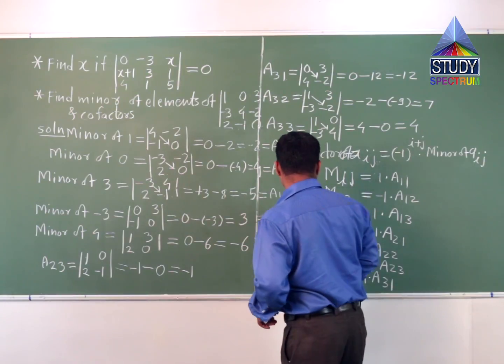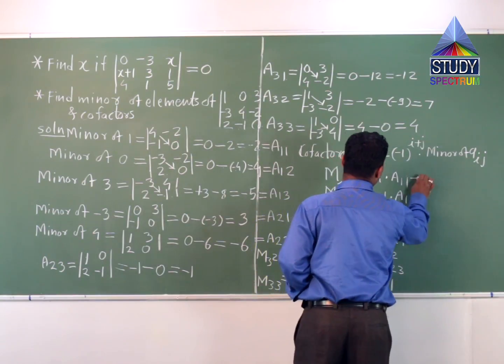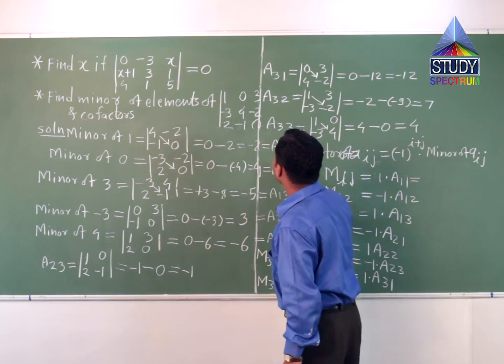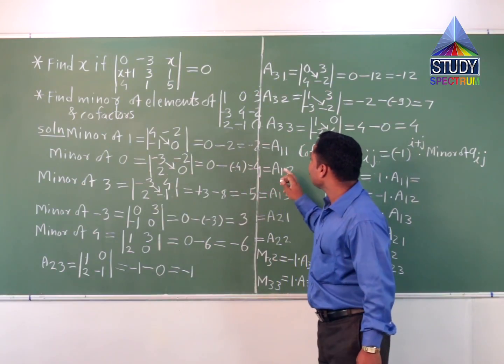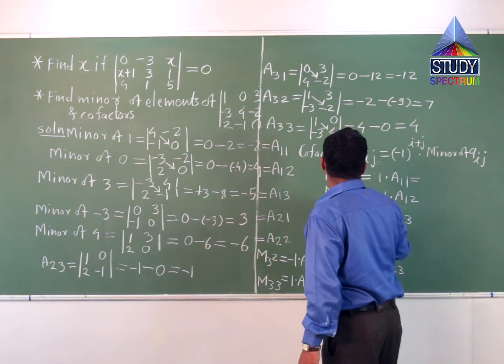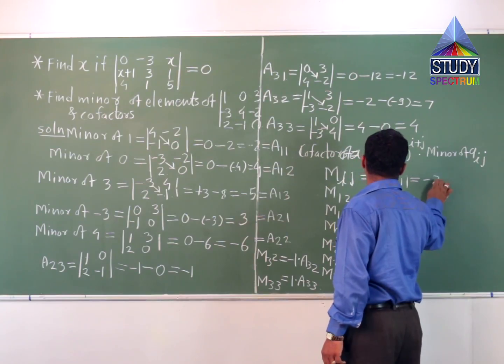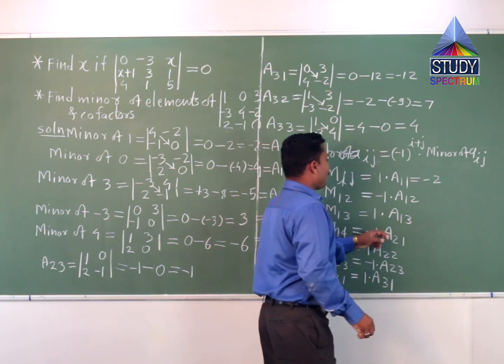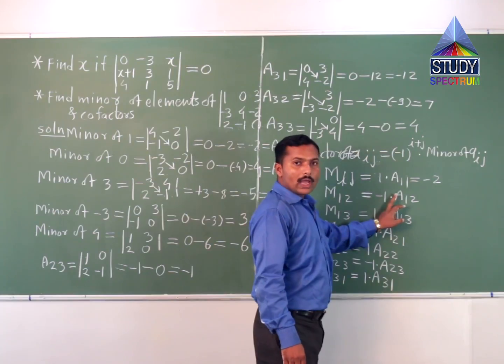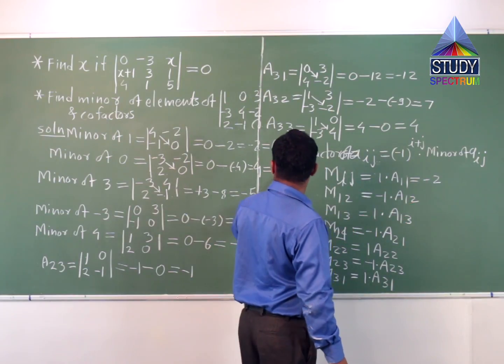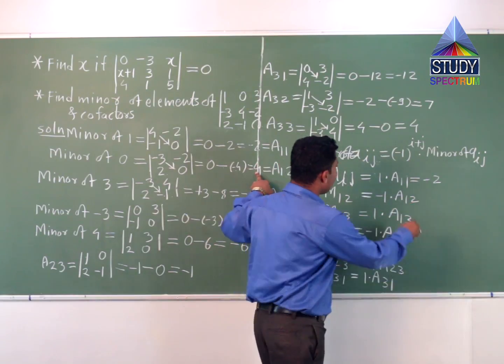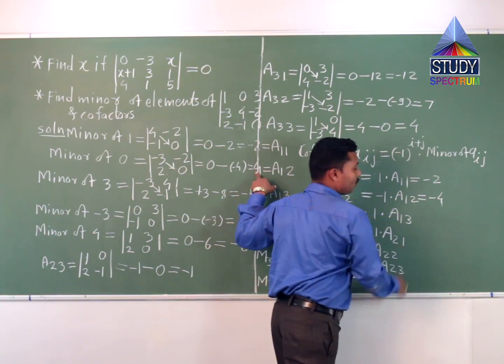So what do we get here? What is the value of A11? Here it is -2. So -2 into 1 is -2. Here is minus 1 into A12. What is A12? 4. So 4 with the minus sign becomes -4.